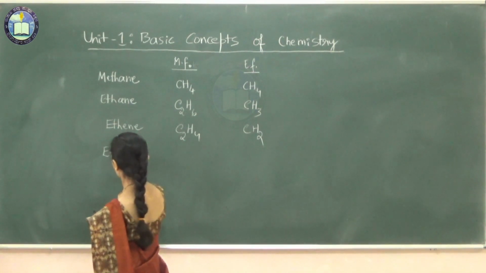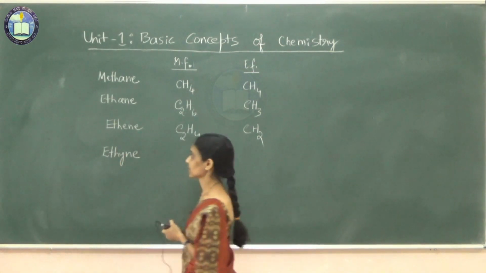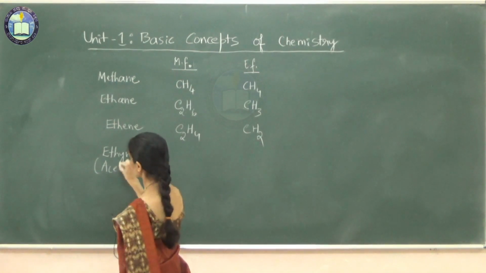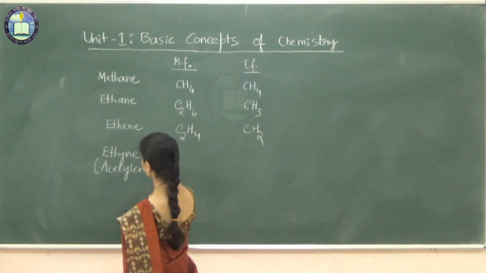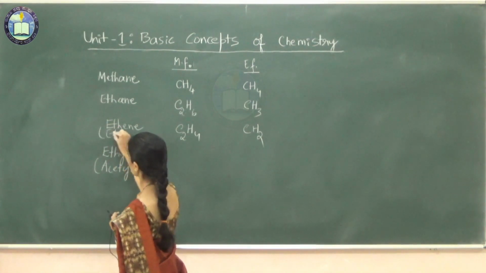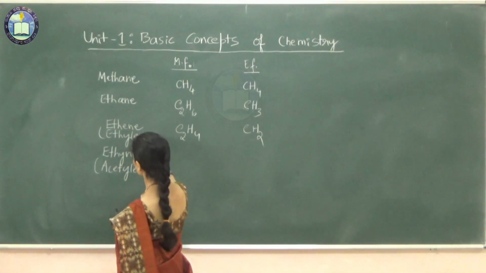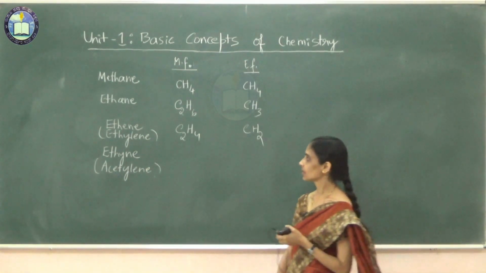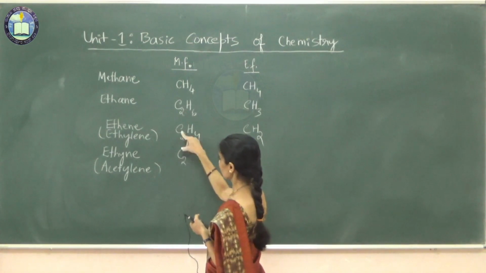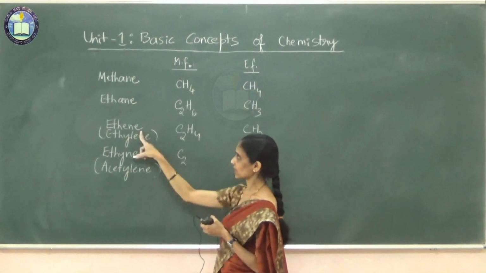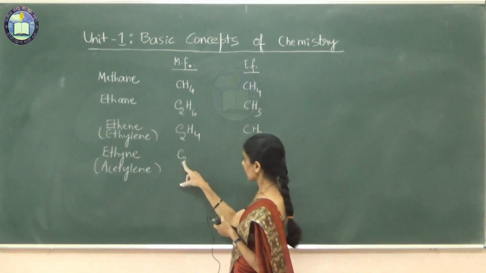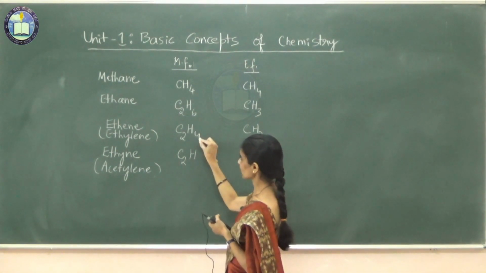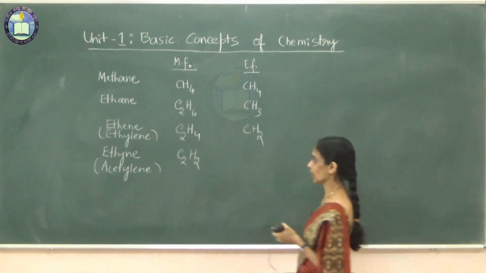I will take the first alkyne, that is ethyne. You can also call it acetylene. Ethene can also be called ethylene. Ethyne can also be called acetylene. Carbon number is 2 here, just like ethane and ethene. Hydrogens are 2 less than ethene.